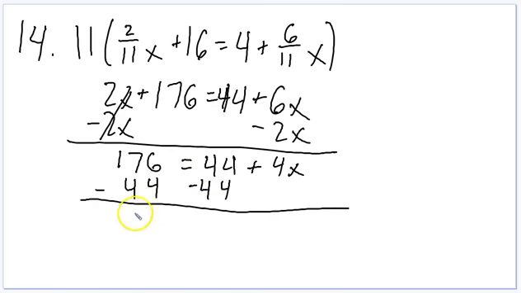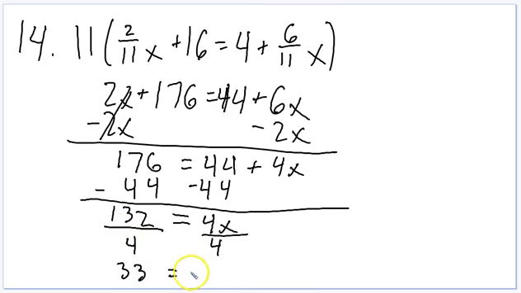I'm going to get 132 equals 4x. Then I'm going to divide this by 4. And then I'm going to get 33 equals x, or x equals 33.